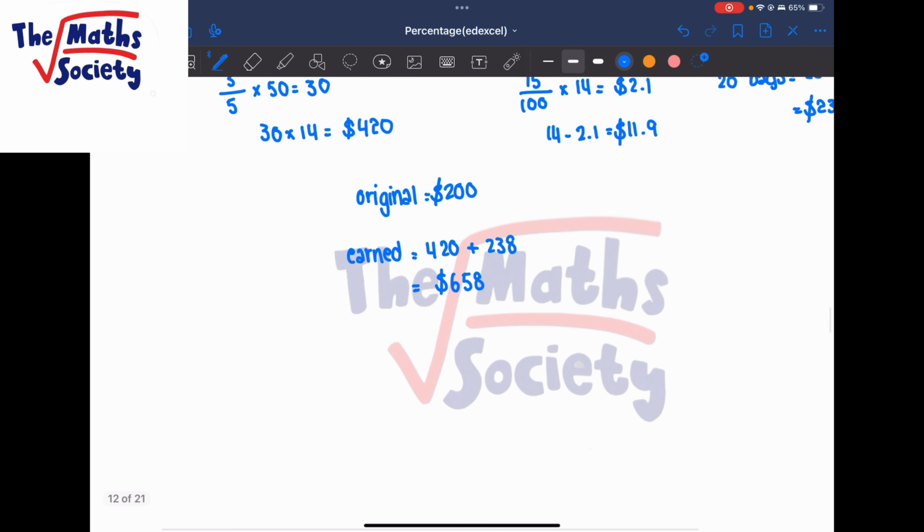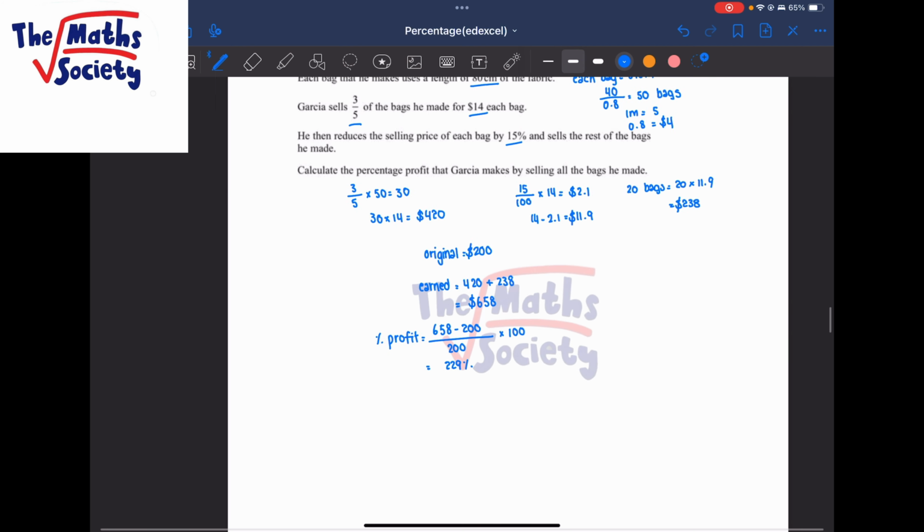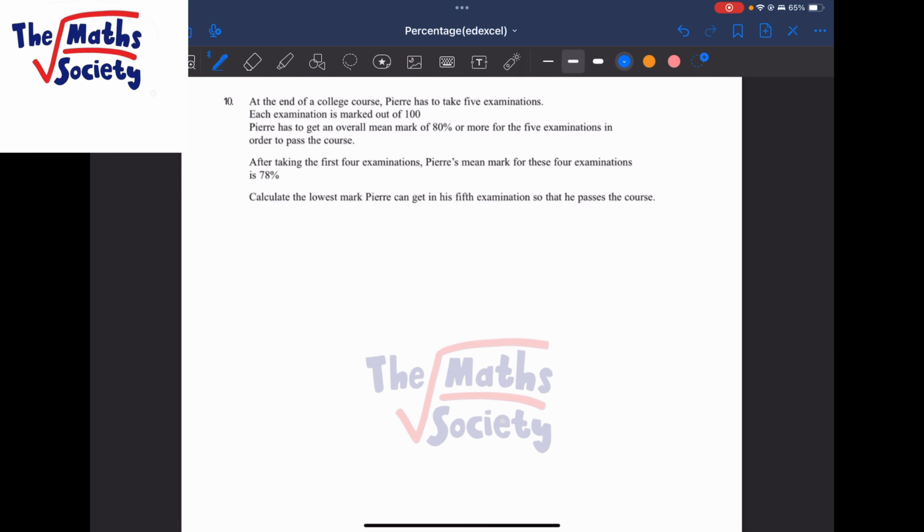And we need to know the percentage profit, so that would be 658 minus 200, divided by the original. Let me just write percentage profit. That multiply 100 equals 229. So he got this much of profit. And then we'll move on to question 10.